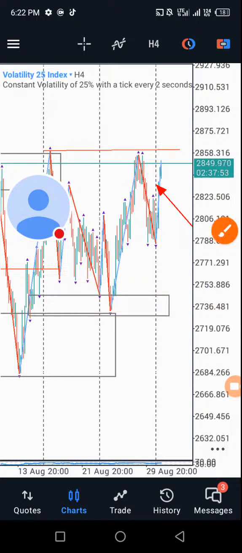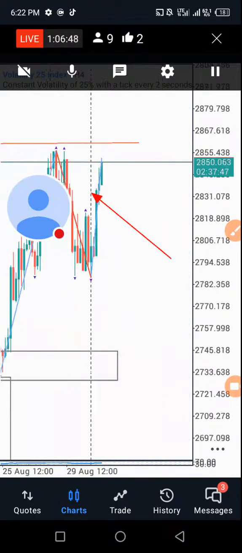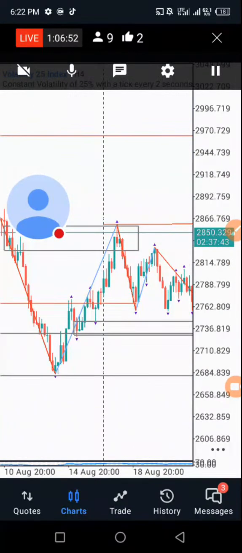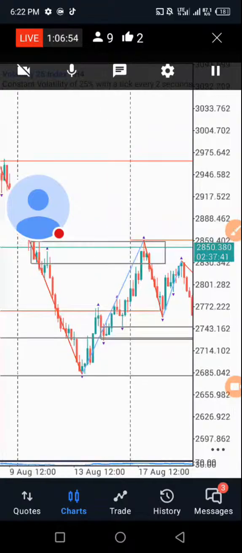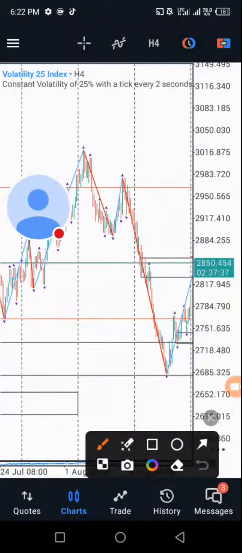I want to believe we are following what I'm saying and it's not confusing at this moment. Let me recap so that we'll be able to get it. This is what the market is doing: a high here, a low, a high.